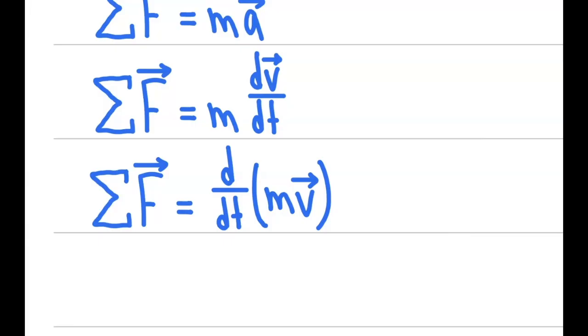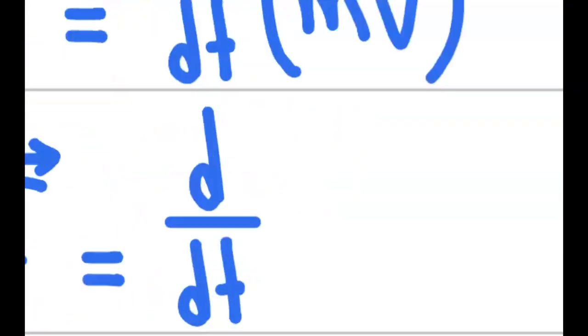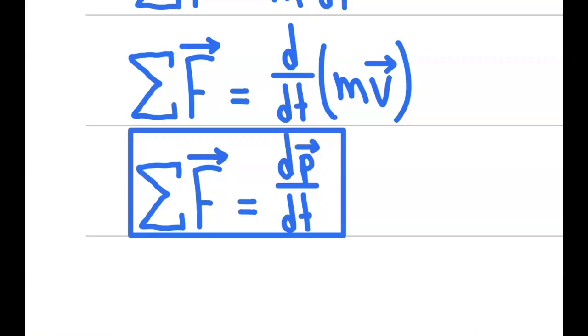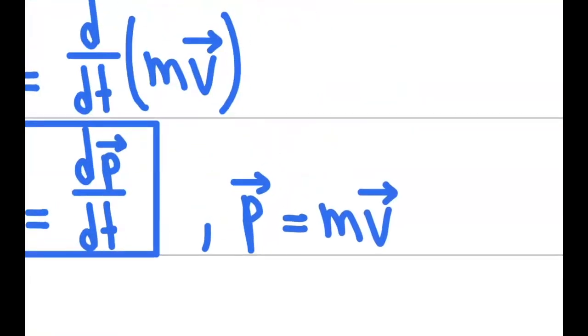So the product of the particle's mass and velocity is called the linear momentum of the particle, and the symbol for that is p. So this is equal to dp/dt. Let me just write here that momentum is mv.